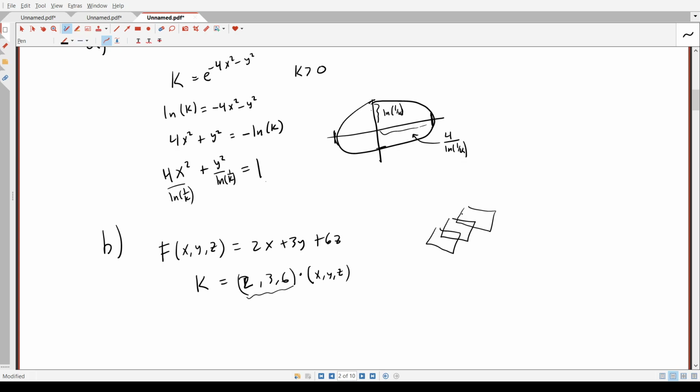These are all parallel. So it's a family of parallel planes. They all have the same normal, but which plane you have depends on what the value of k is.